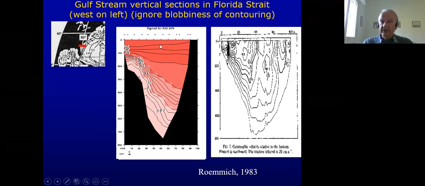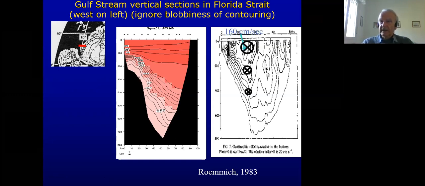So the isopycnals are practically horizontal near the surface. The more you go toward the bottom, the more sloped these isopycnals are. That means the deeper you go, the higher is the horizontal pressure gradient.